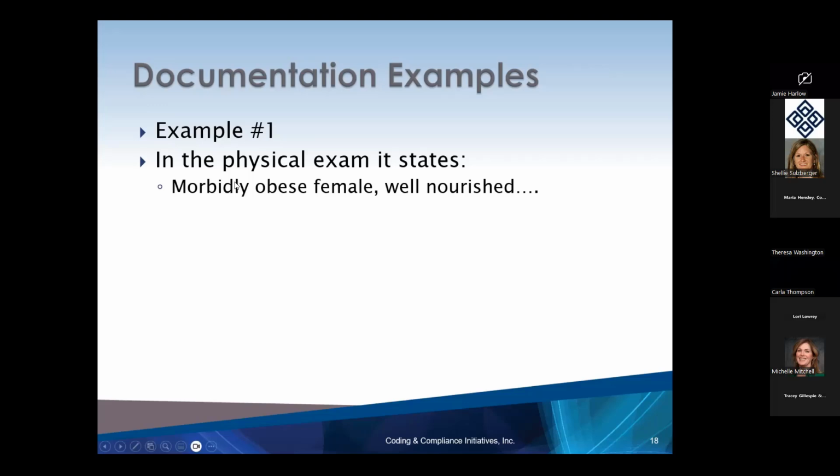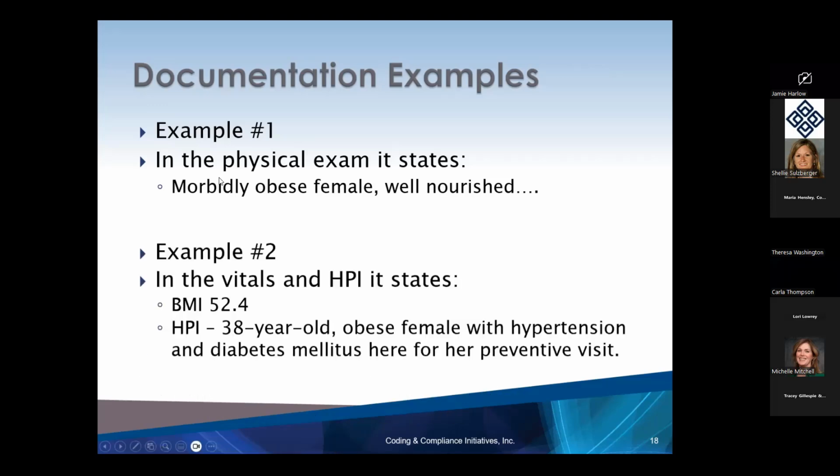We would also go to the vital signs to find the appropriate BMI to code as a secondary code. Now remember, most health centers do not have a coder that can look at all of these notes. It's not cost effective. It's just not a good practice. So we need the provider to pull this information down into their assessment plan.